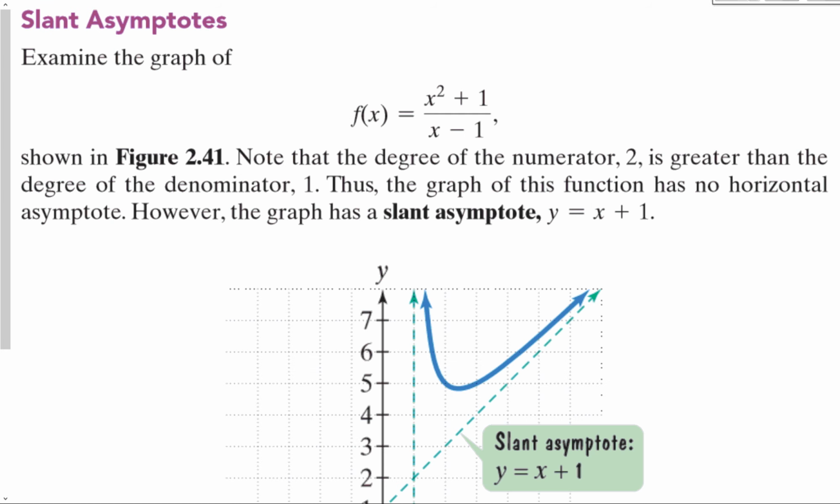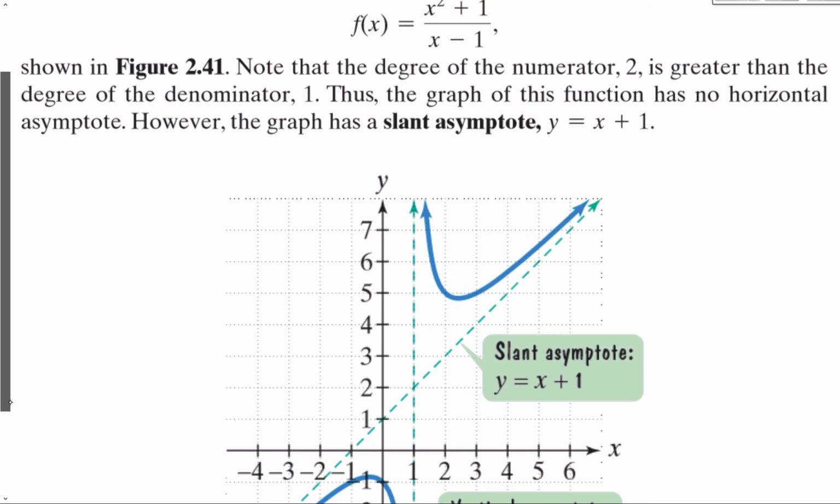Which leads us to talking about slant asymptotes. There are other asymptotes besides vertical and horizontal. One such example is a slant asymptote. So if you examine the graph of x squared plus 1 over x minus 1, here's the picture of that graph.